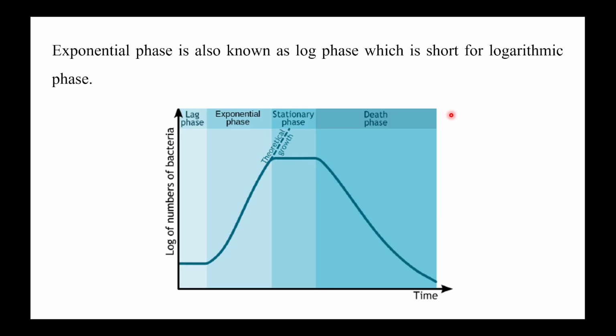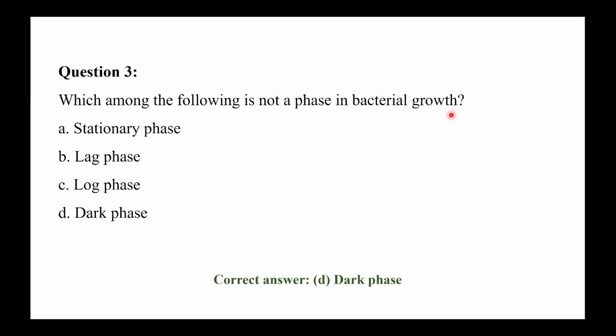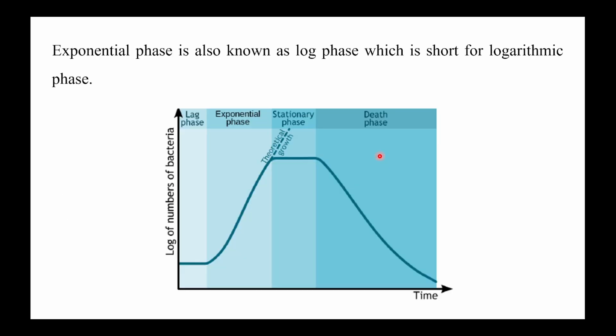So in a bacterial growth curve, when a bacterial population grows, it follows a curve like this. When a population starts growing, it will first try to get adjusted with the medium, with the environment.